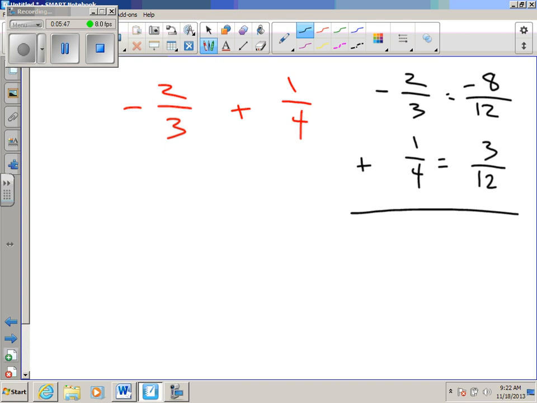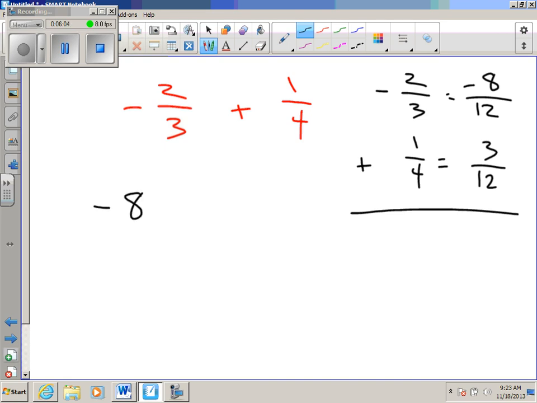Now, essentially, what is it that we're doing? Because when we add or subtract, once we get common denominators, we're really only focusing on what? Right. So I have on the top, I have what?